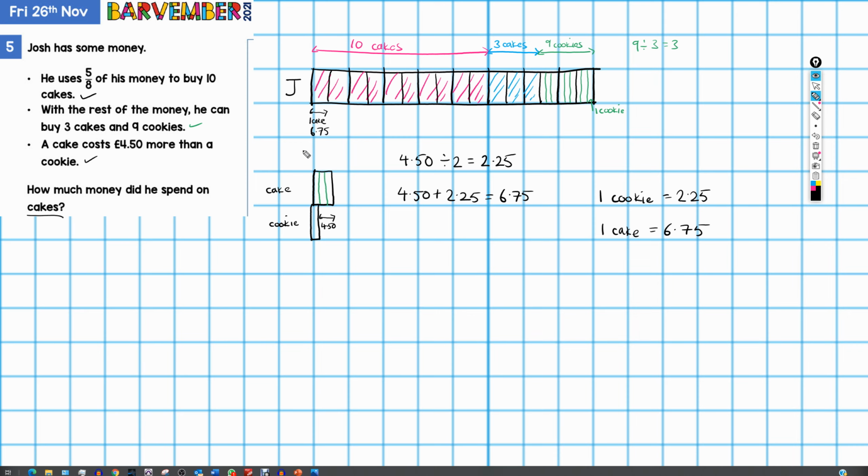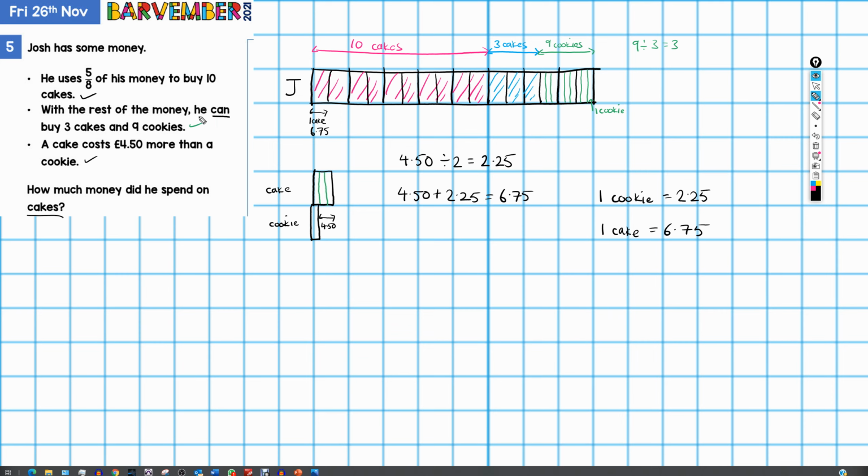Now we come to the controversial part of this question, because we're asked, how much money did Josh spend on cakes? And the answer is really going to depend on whether you think he bought 10 cakes here or whether he bought 13 cakes. In this household, which includes someone with a master's in English, the decision was 13 cakes, but perhaps that just shows our proclivity for buying cakes, because it really hangs on this.